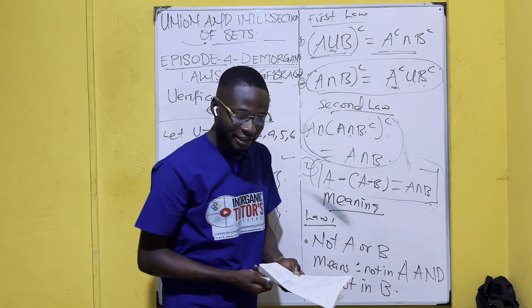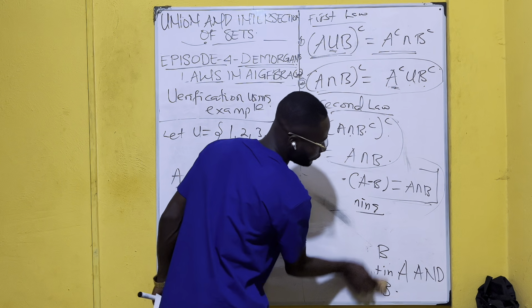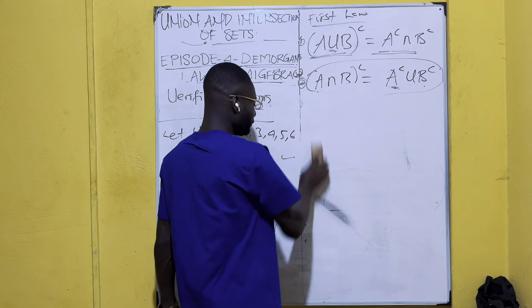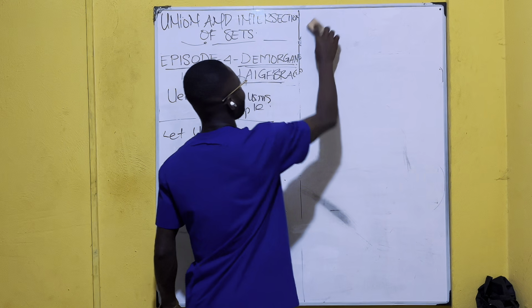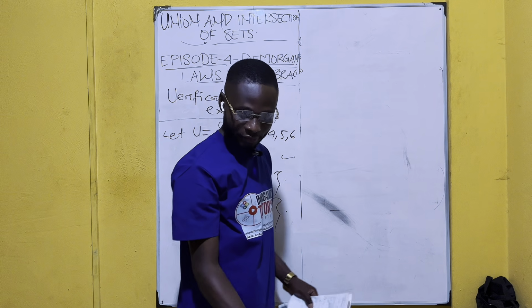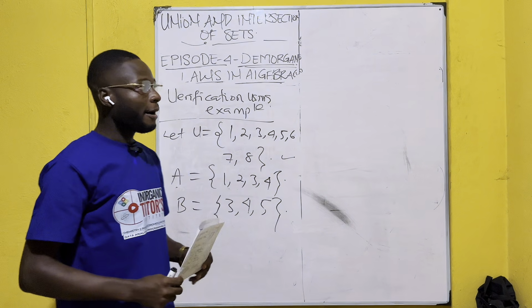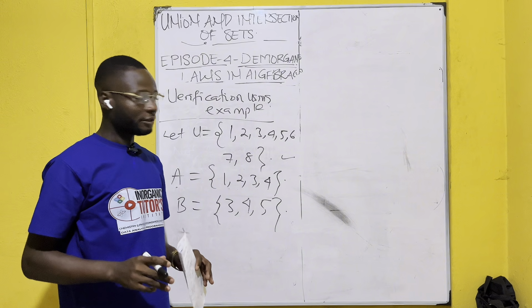Now, the first question is, you want to find A union B. So, this is going to be very simple because we have understood episode 3. Everyone here on episode 4, I believe that you have really understood episode 3.